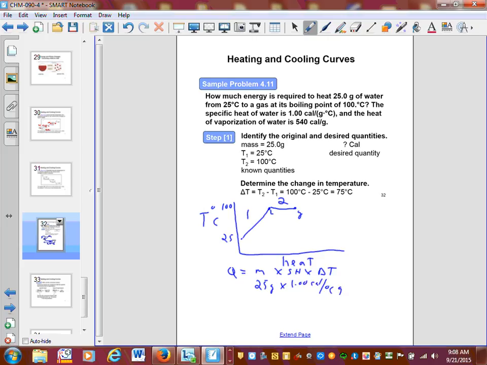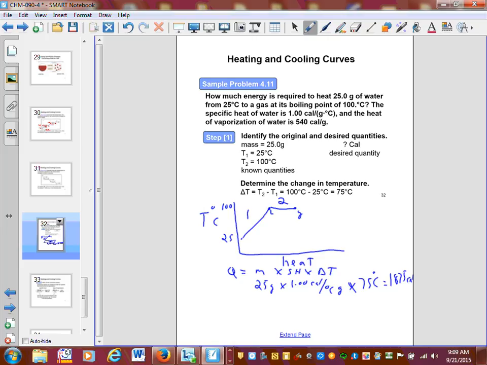What's the change in temperature? 75. So if I do that, 1,875 calories. So that gives me step 1.